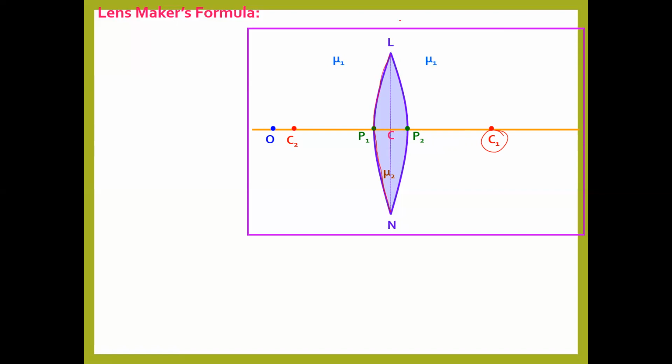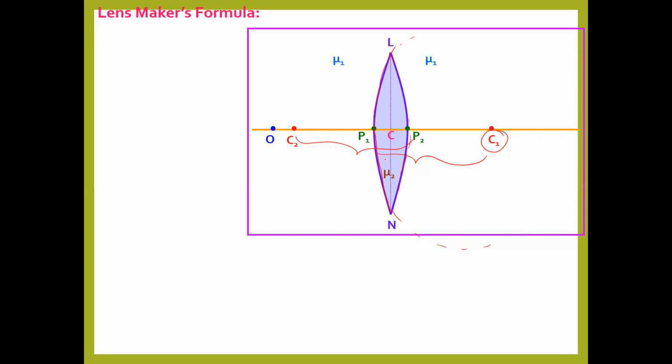If we think that this is part of an extended, imaginary sphere, then C1 is the center of that sphere, and P1C1 is the radius of curvature of that surface. Similarly, P2C2 is the radius of curvature of the second surface, that means this surface.